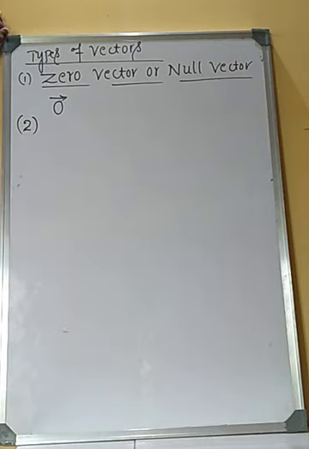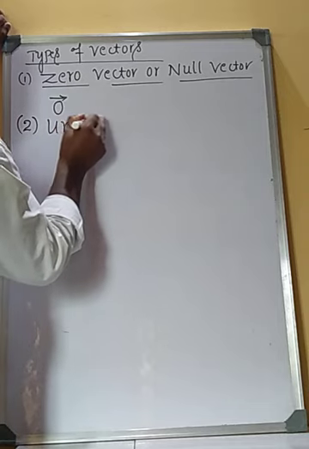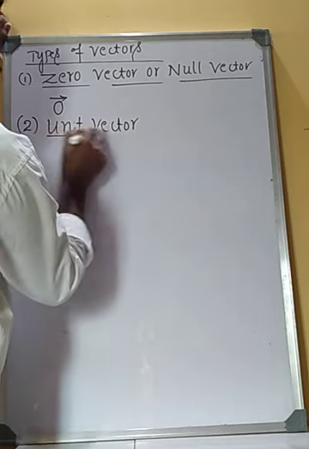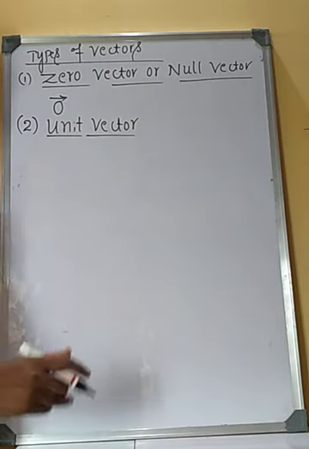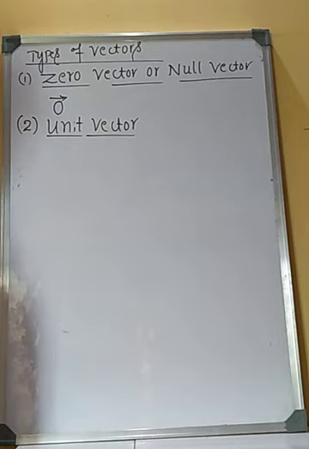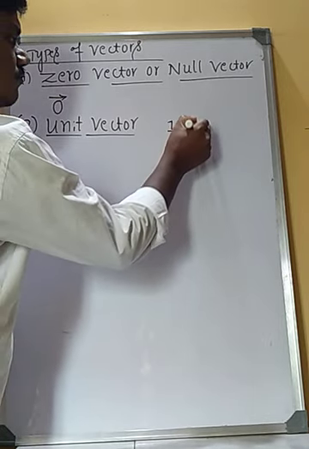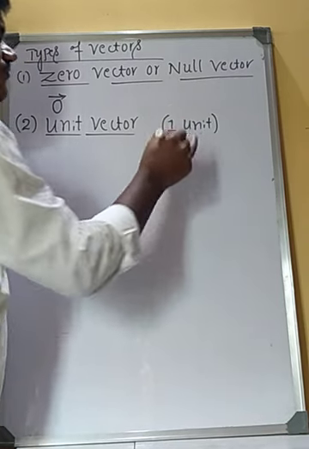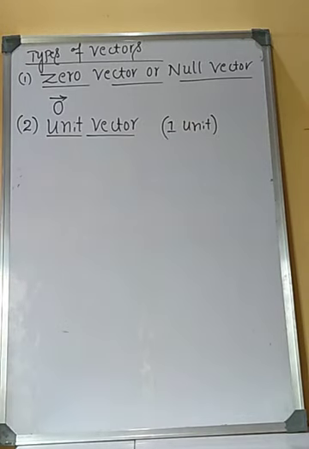Then the second vector, unit vector. A vector whose magnitude is unity, that means 1 unit, is called a unit vector.